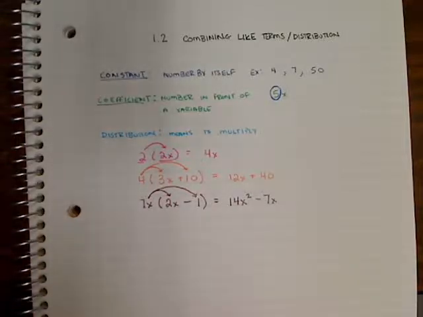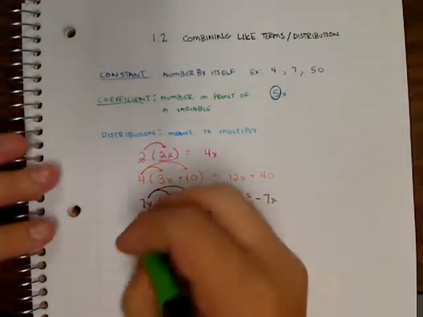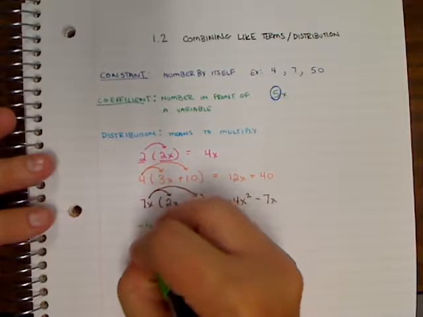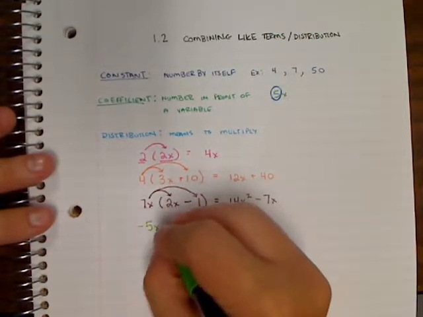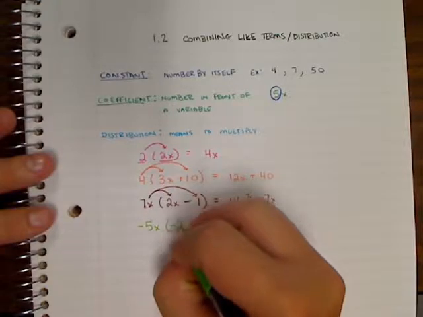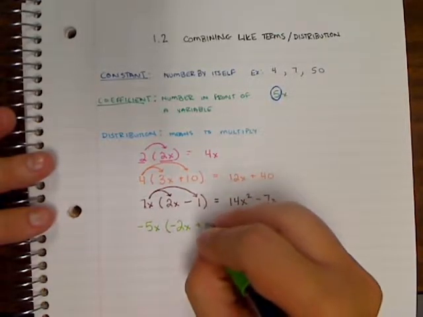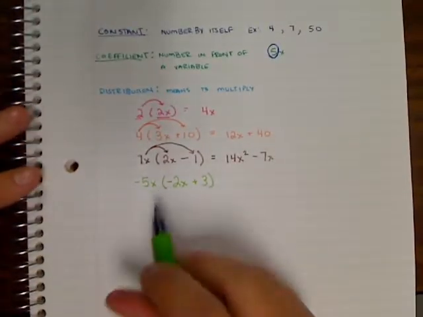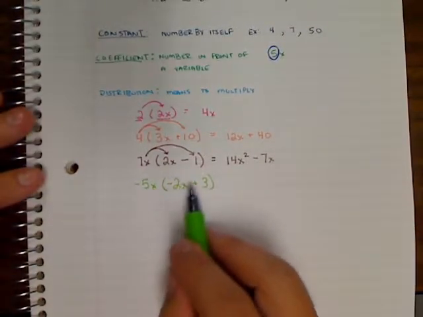You can also do the same thing if you have a negative number. So say I have negative 5x times negative 2x plus 3. Okay, so negative 5x times negative 2x plus 3.